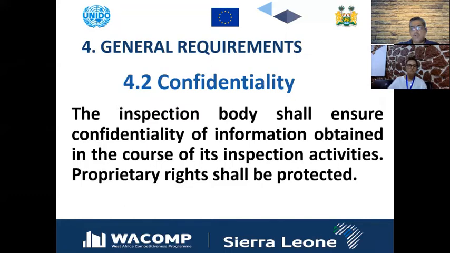Confidentiality is a very important element. When an inspection body is doing the inspection, they have the data of the competitors as well. For example, the inspection body is inspecting the produce of one exporter, X exporter, and then there is a Y exporter.